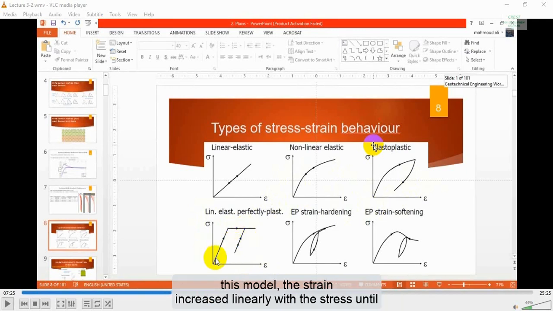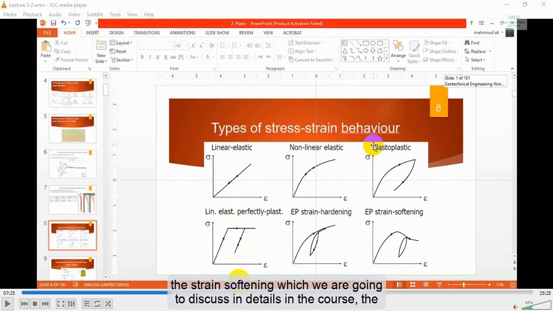In this model, the strain increases linearly with the stress until it reaches a certain threshold, after which the strains continue to increase at the same load. There is also the strain hardening constitutive model and the strain softening constitutive model, which we are going to discuss in detail in the course.